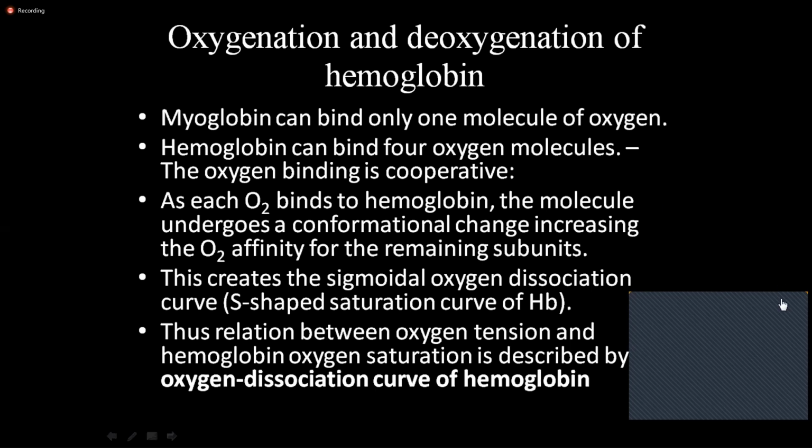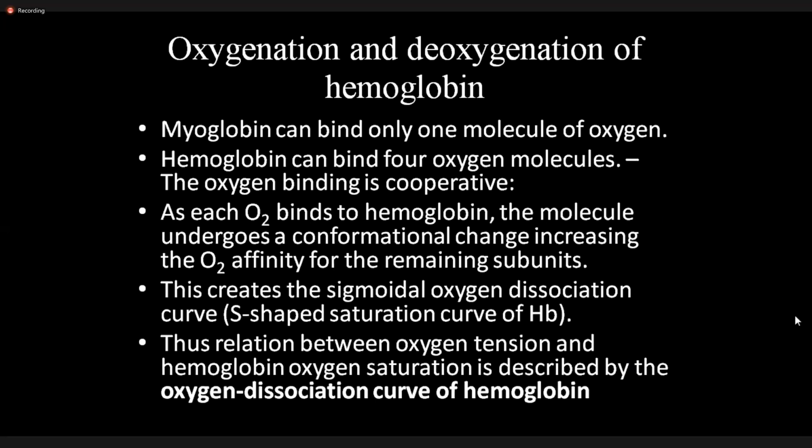But myoglobin can bind only one molecule because of a single iron atom, a single heme molecule at the center, whereas hemoglobin has four, so it can bind four oxygen molecules, and the oxygen binding is cooperative. So the oxygen binding nature of hemoglobin is cooperative, because of the nature of oxygen binding that we just explained in the previous slide.